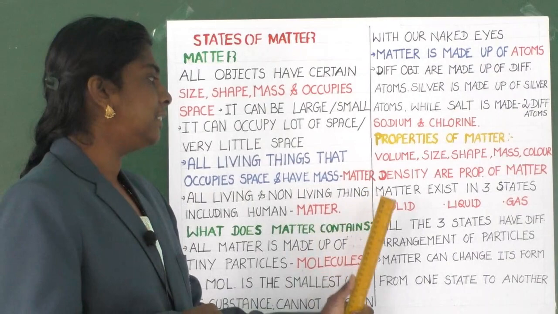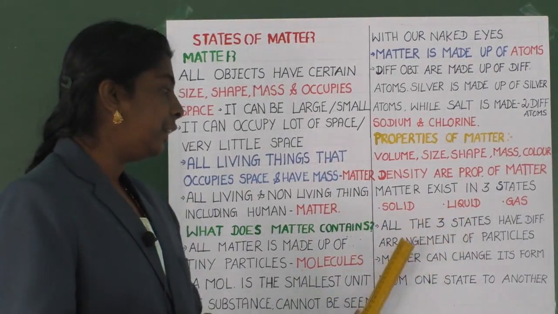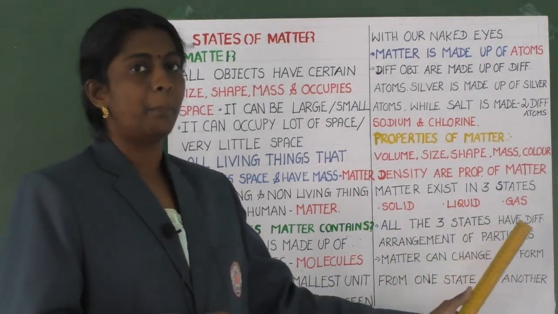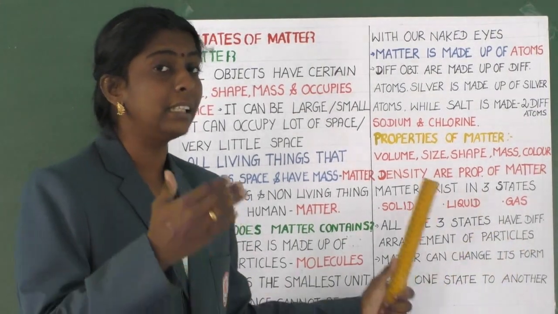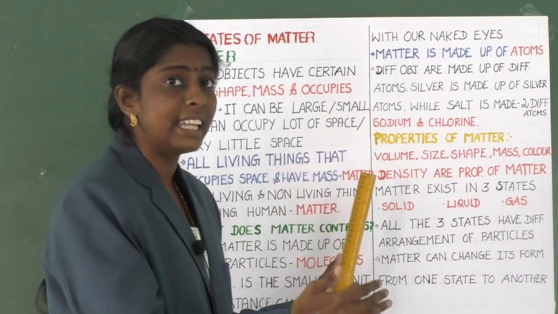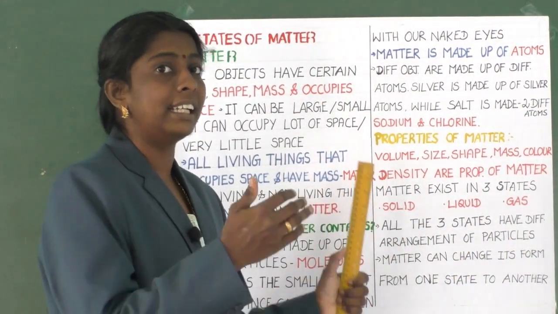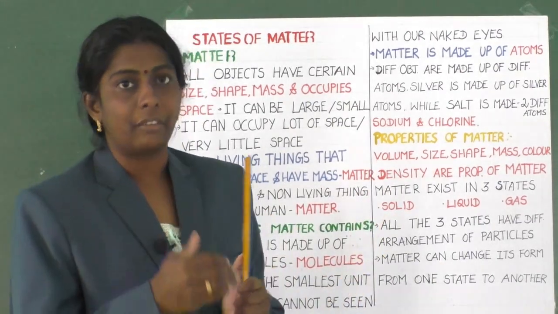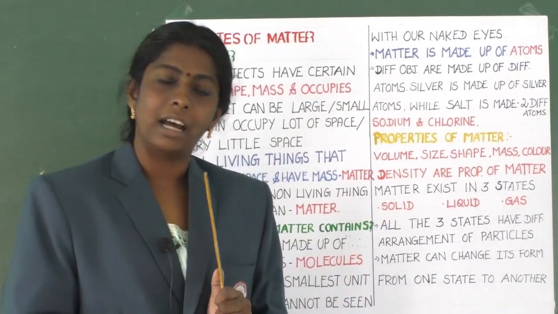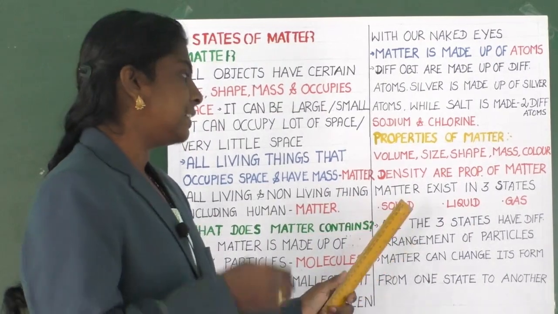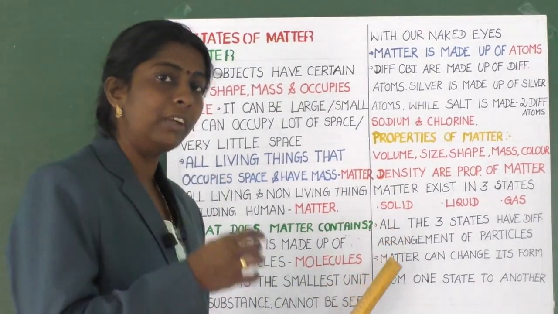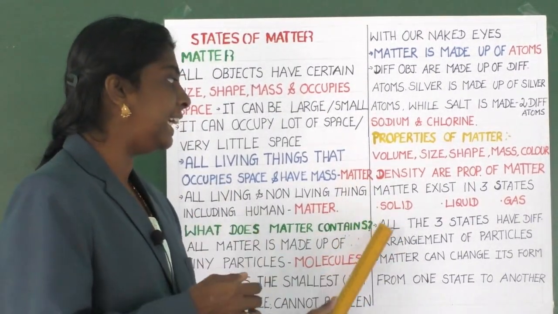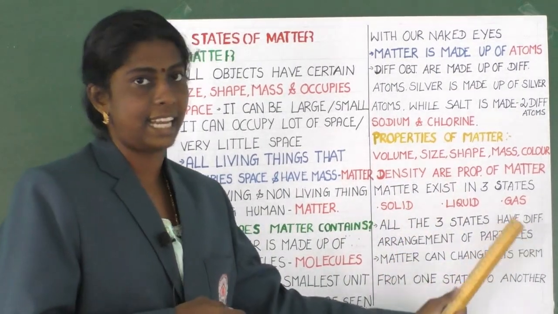So all the three states have different arrangement of particles. What is the main difference between these three states? Yes, children, that is their molecular arrangement. There is a difference between the molecular arrangement of these three different states.